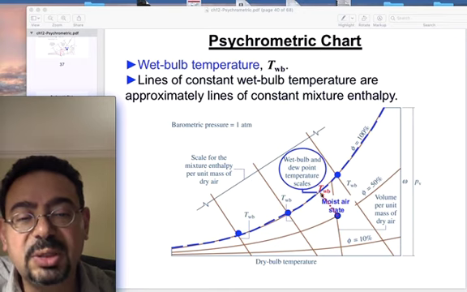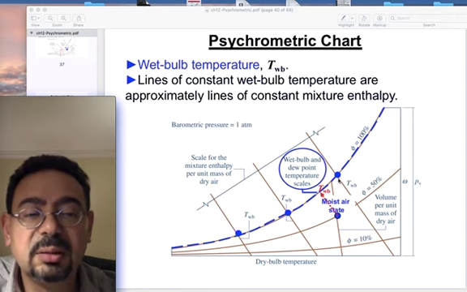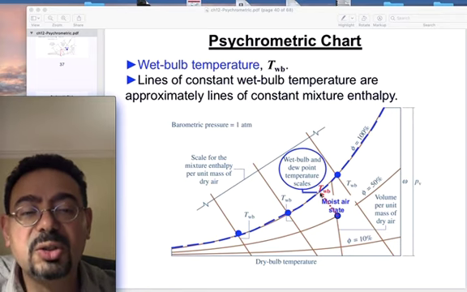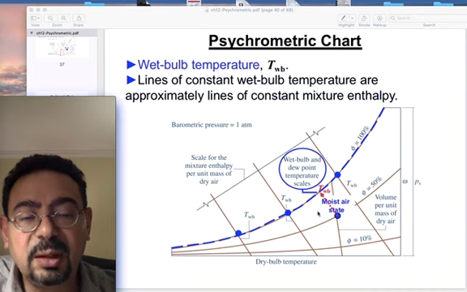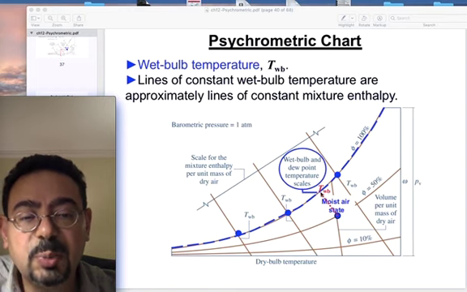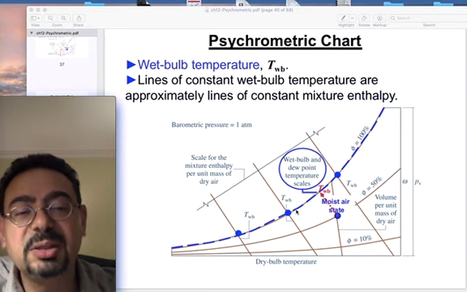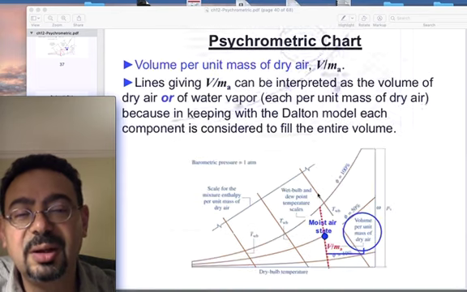This point represents 100% humid air. At that point, the dry bulb, which you can read easily by going vertically down, since the x-axis is the dry bulb, can be read going down. And it also has a wet bulb that is exactly the dry bulb because it's 100% humid, right?